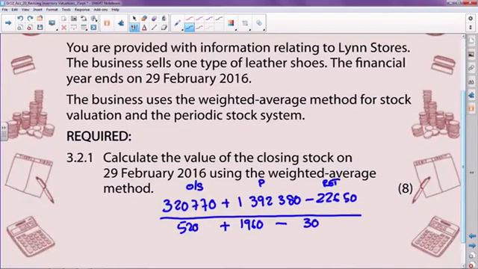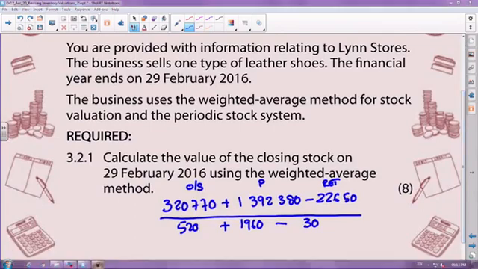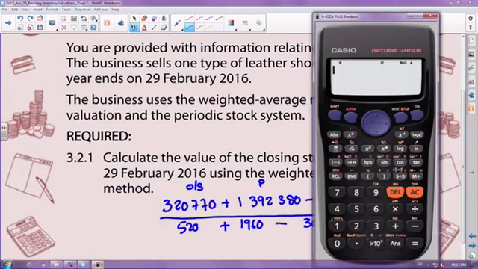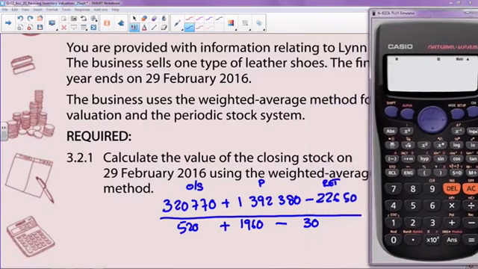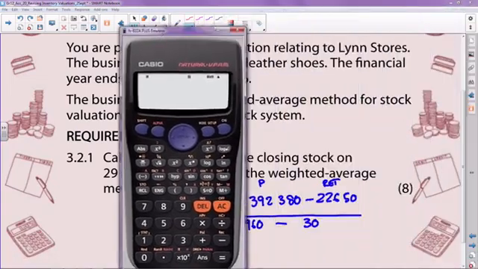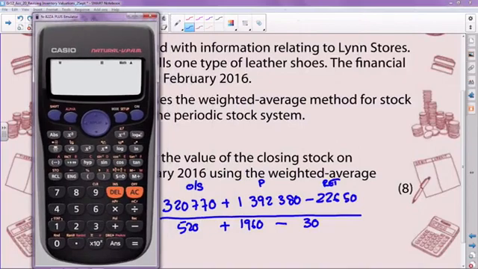Right, let's get our calculators. And let's take our calculator and calculate what we're working with here. So we got our figures here.